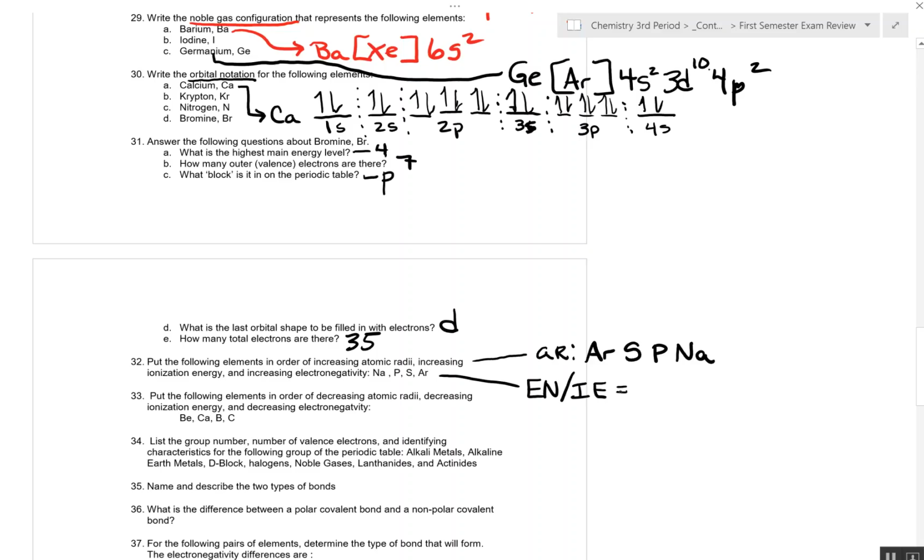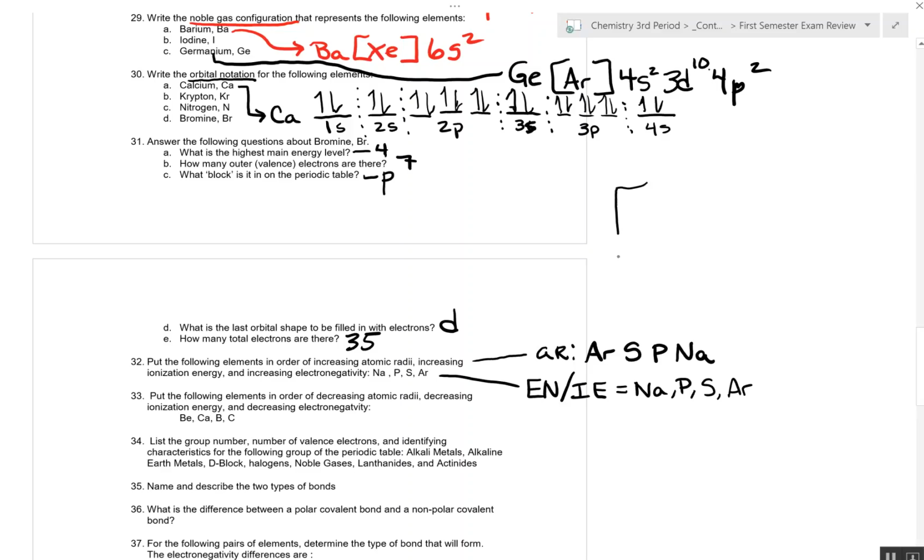They move the opposite of atomic radius. Remember that from way back. So increasing ionization energy and electronegativity moves left to right.